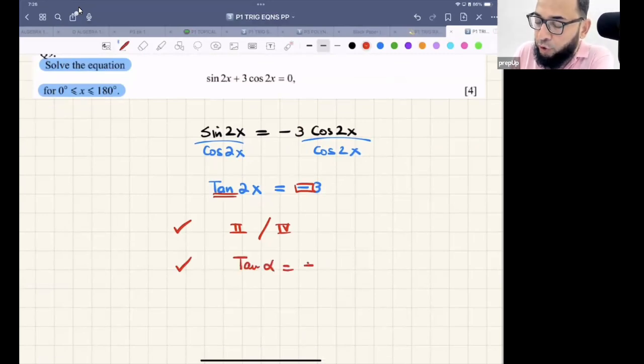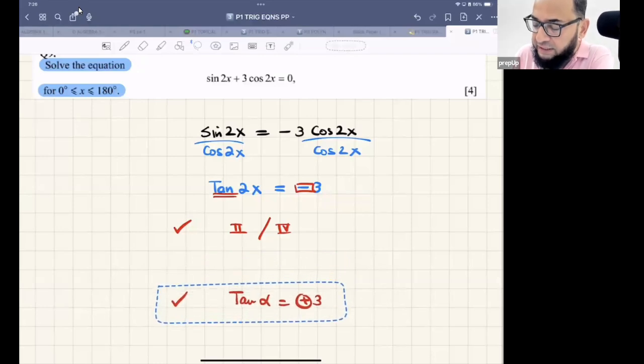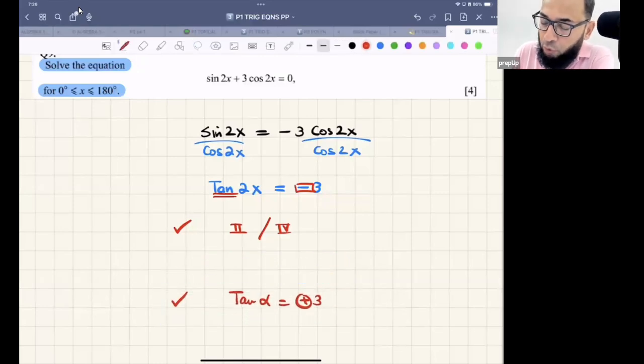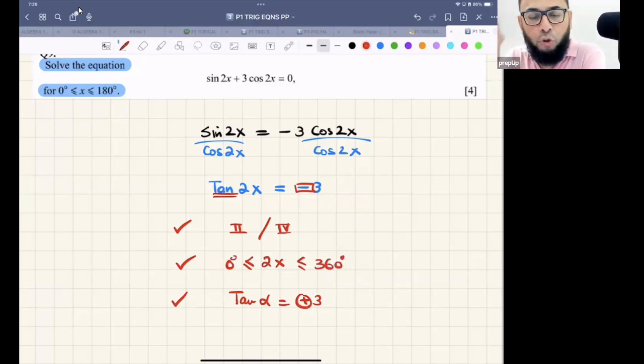Let's write down the modification of the range. 2x lies between 0 times 2, which is 0 degrees, and 180 times 2, which is 360 degrees. So we are talking about one complete revolution and our answer will lie within that range.